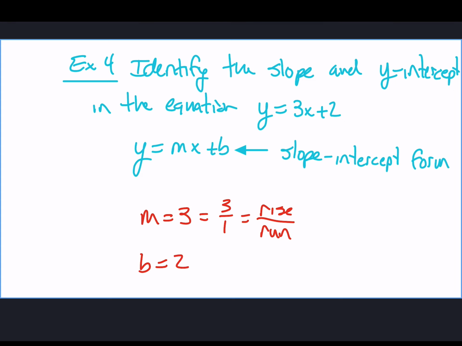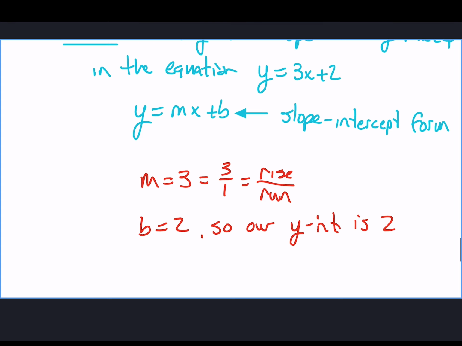Why is it 2? It is the y-intercept, and it's in that position in this format, so that has to be our y-intercept. So our y-intercept is 2. Typically with intercepts, we will write them as points. That means that when you plug in 0 for x, your y-intercept is 2. And we'll talk more about that as we move along.